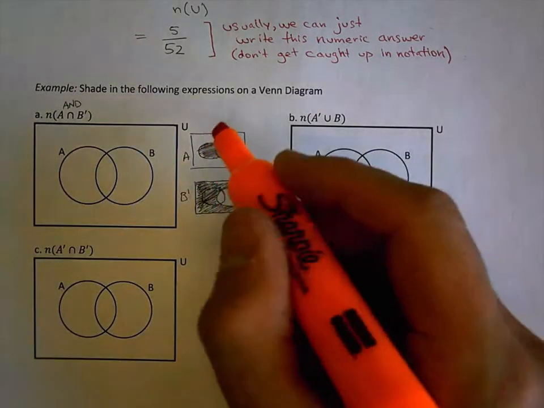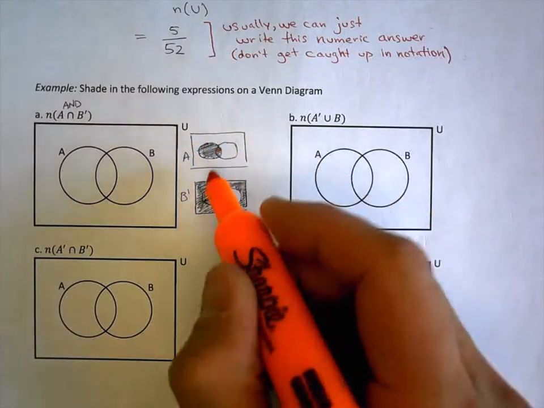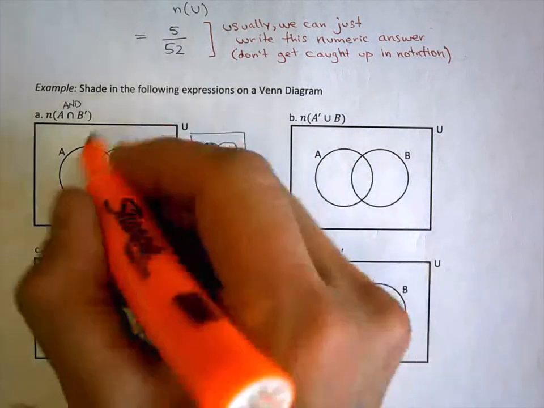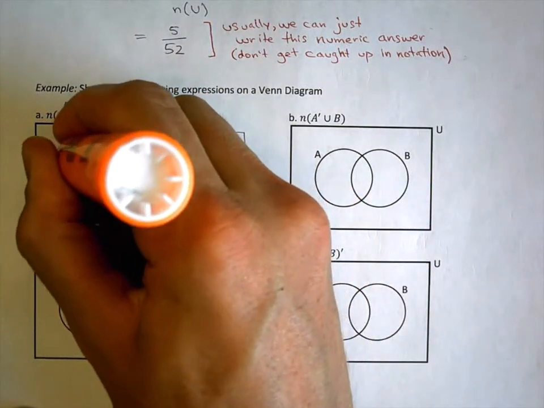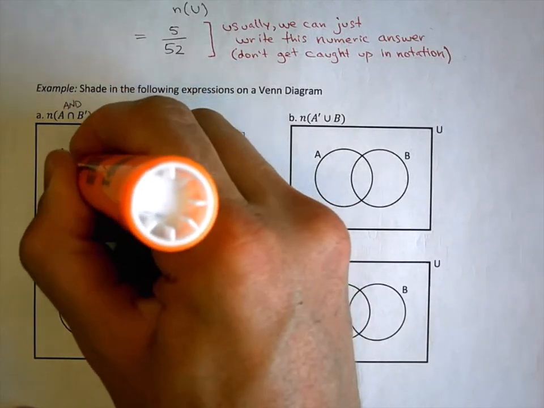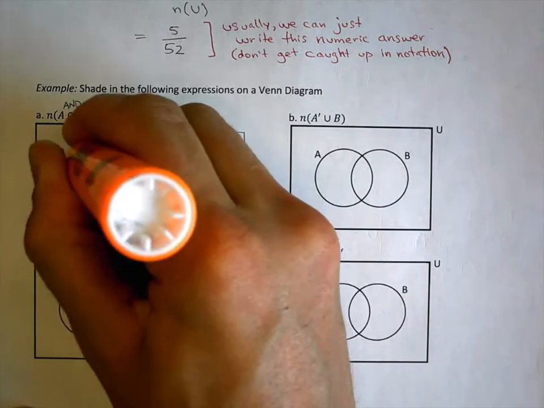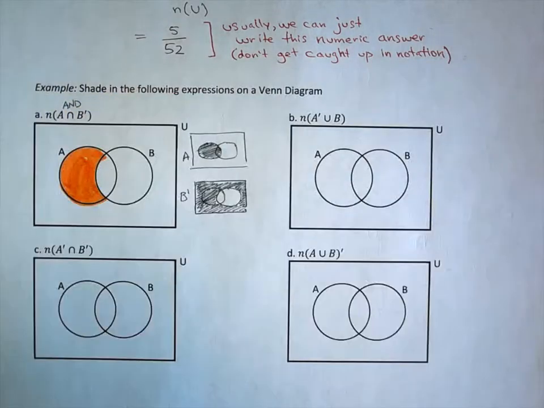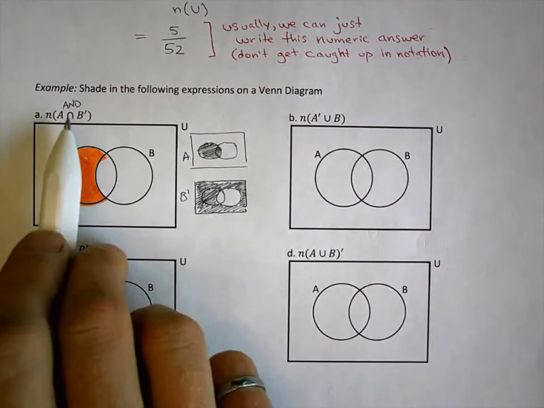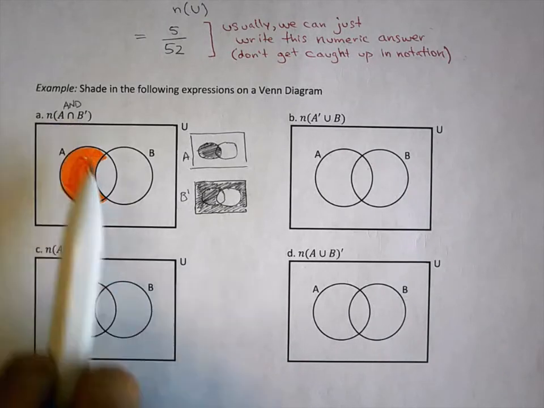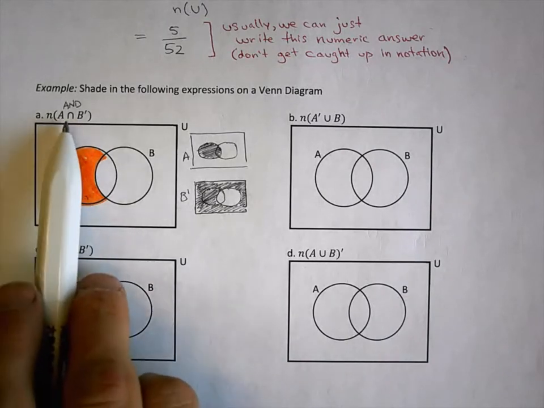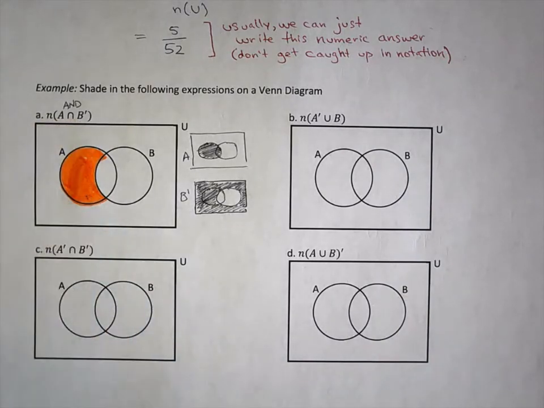Well, it would be just this section of A. I call it the crescent moon, this bit here. That's a nice way of saying only A and the complement of B.